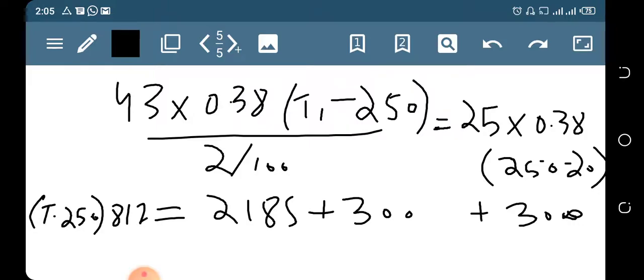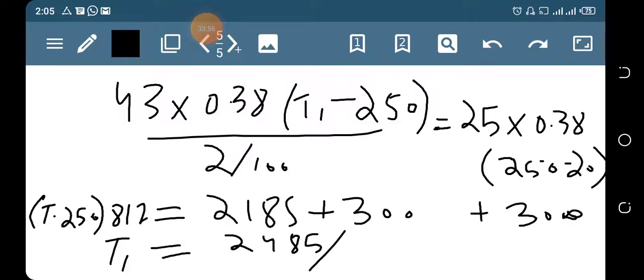Now this 2485 will be divided by this 817, and we get the T1 value, something like this: 2485 divided by 817 plus 250.